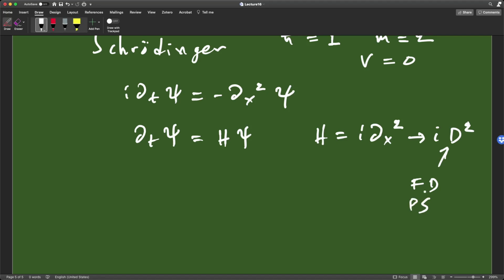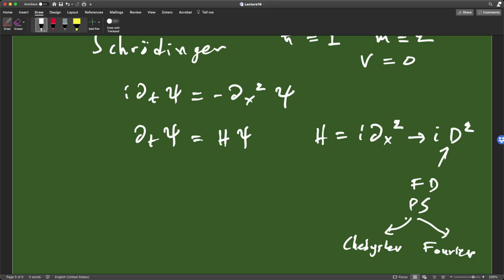Now, for pseudospectral methods, we could use, for example, Chebyshev collocation methods, or we could use a Fourier method. That would mean we're using trigonometric interpolation, and we use that to calculate the derivatives and the differentiation matrix.